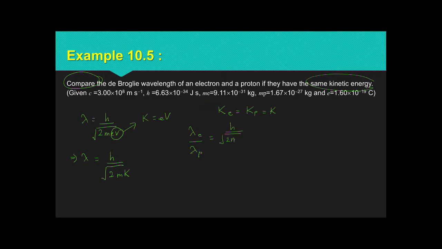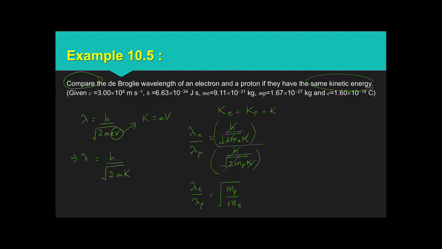So wavelength of electron will be h over square root of 2meK, and wavelength of proton will be h over square root of 2mpK. And then what we can find from here is that the h will be cancelled, and the square root of 2K will also be cancelled. And what we are left with is the square root of mp over me.